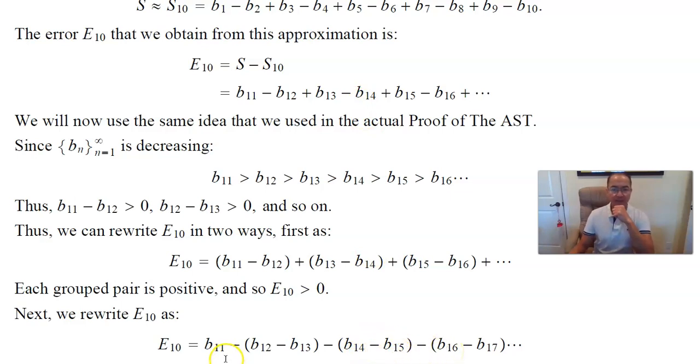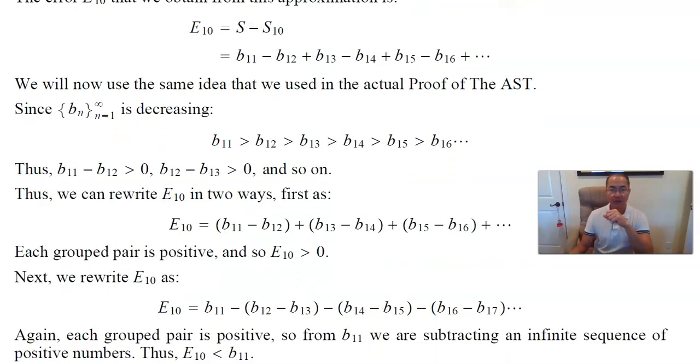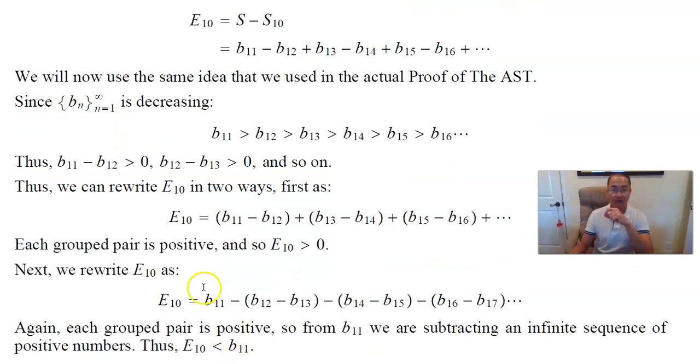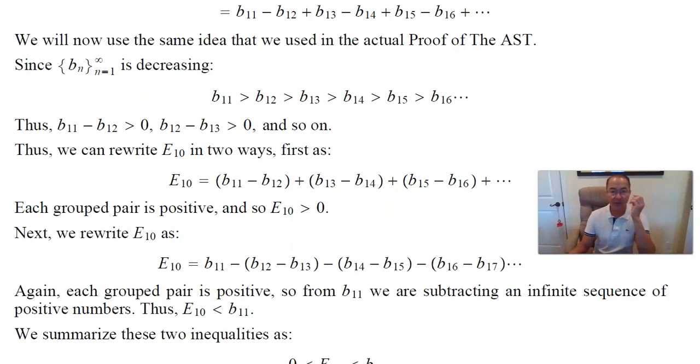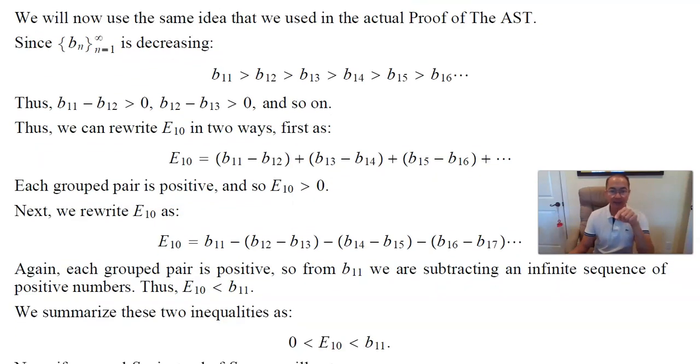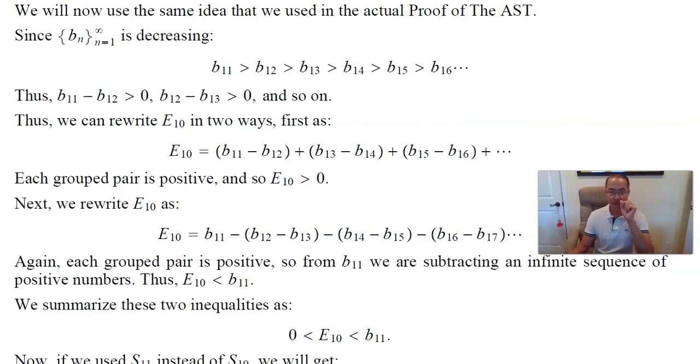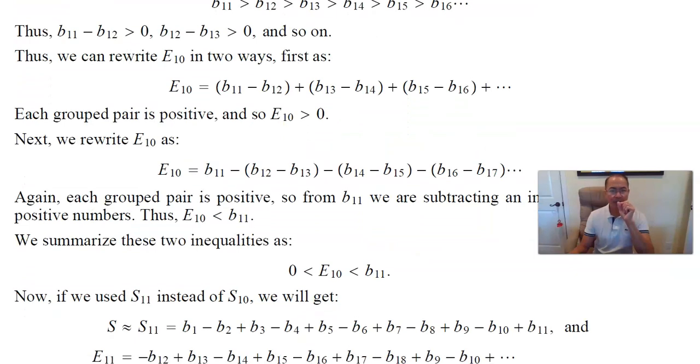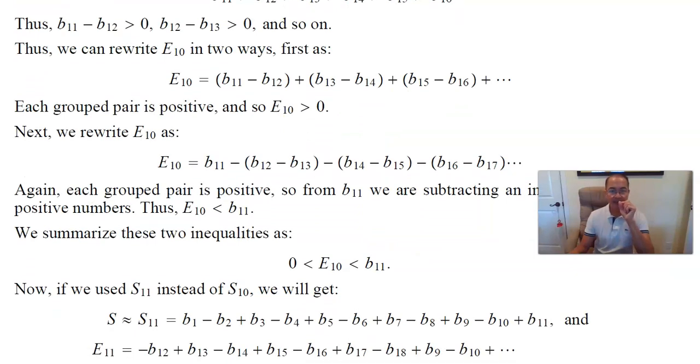So from B11, we are subtracting a positive number, another positive number, another positive number, and so on. So therefore, our error is smaller than the first term, B11. Okay, so put them all together. It means that E10 is between 0 and B11, the next term in the sequence, which has a positive in front of it.